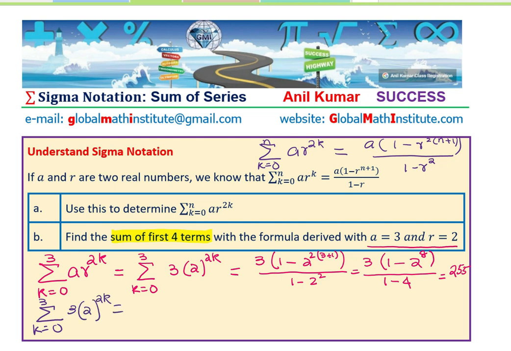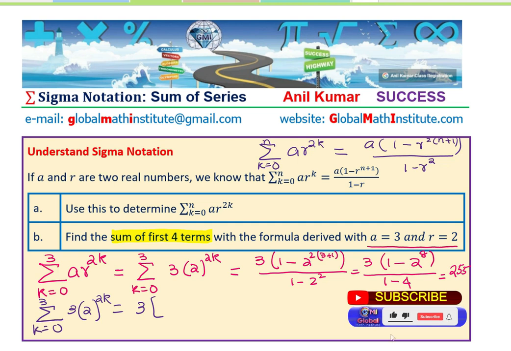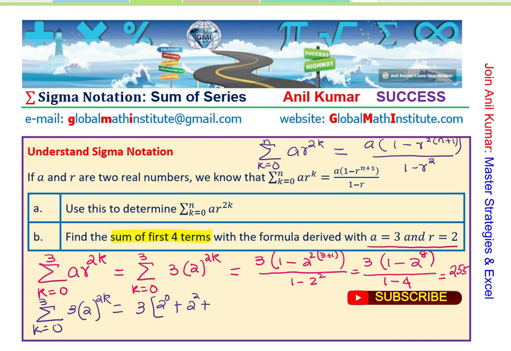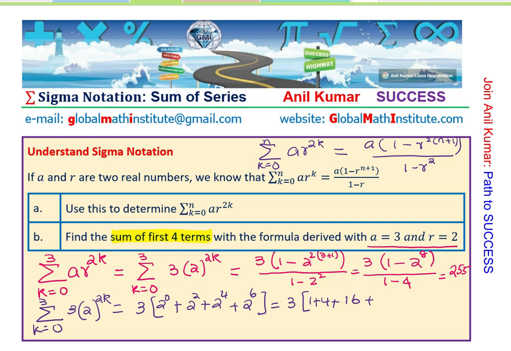Substituting 0, I get 3 common, times 2 to the power of 0, which is 1, plus, substituting 1, 2 square which is 4, plus 2 to the power of 4 which is 16, plus 2 to the power of 6 which is 64.